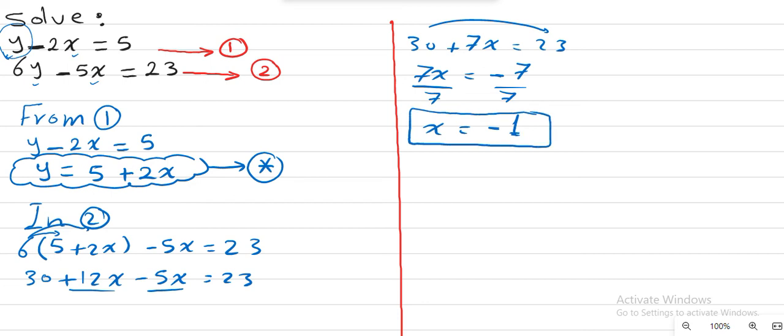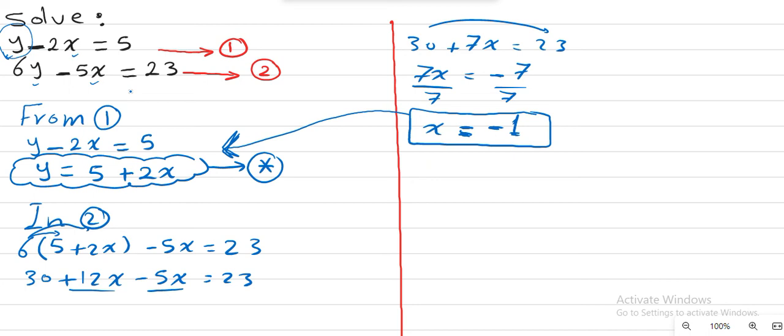Here we got the value of the first variable, which is x. We can substitute in any equation to find the value of the second variable, which is y, as we did in the elimination method. But here in the substitution method, it's better to substitute in the star equation, the equation we named star.